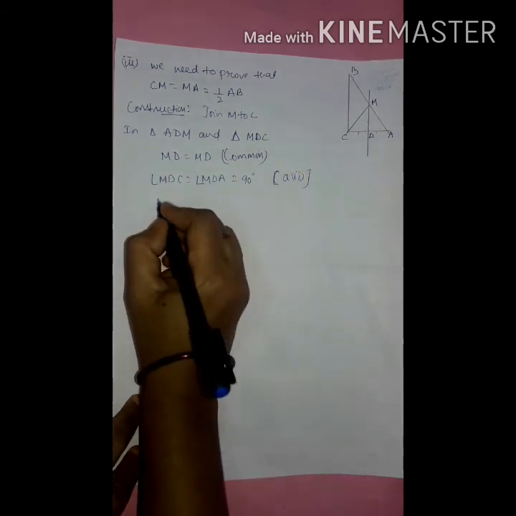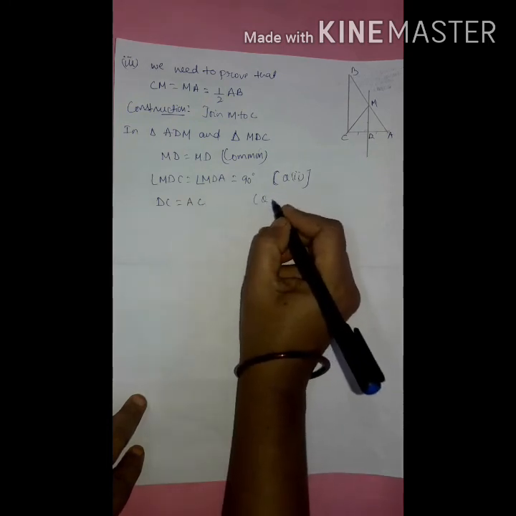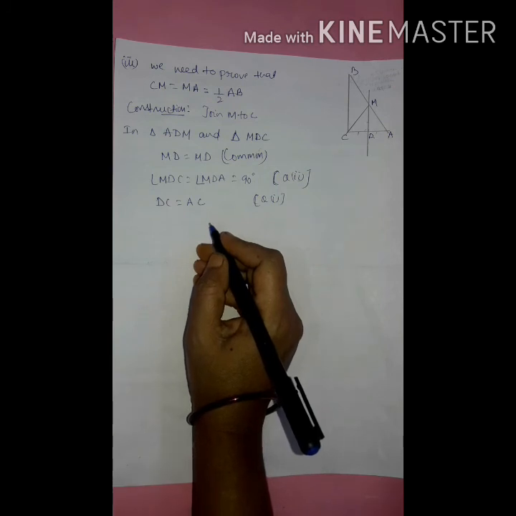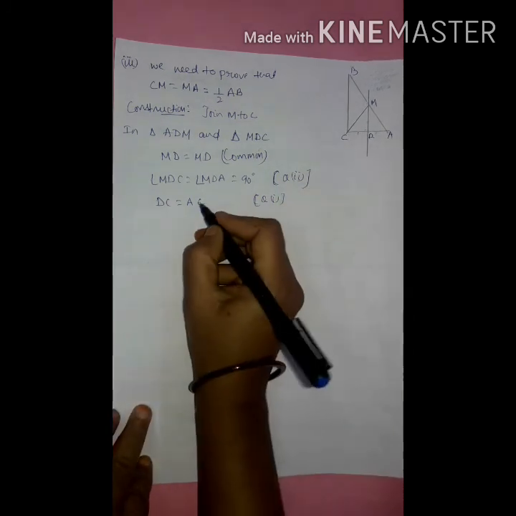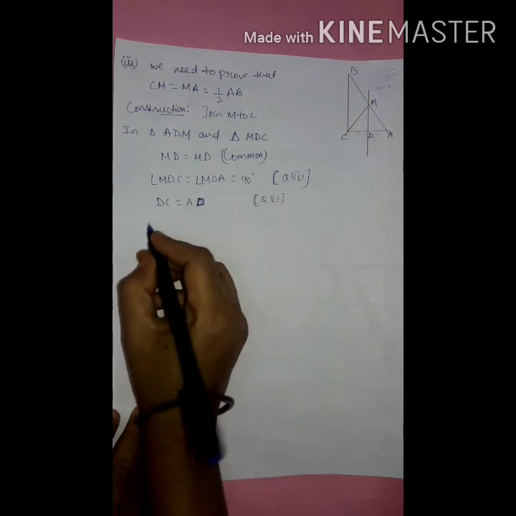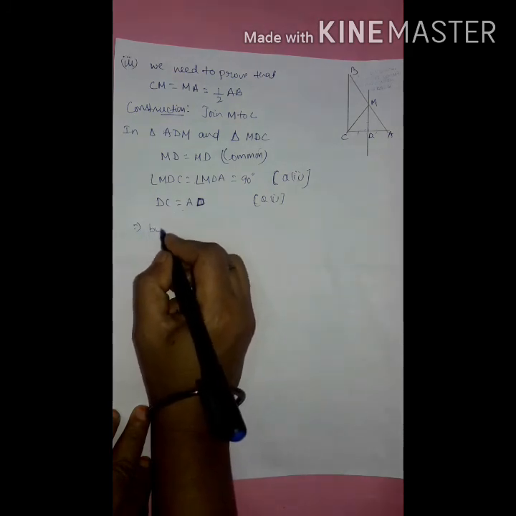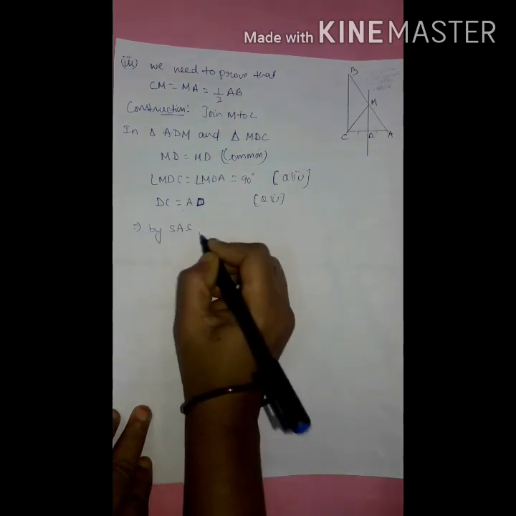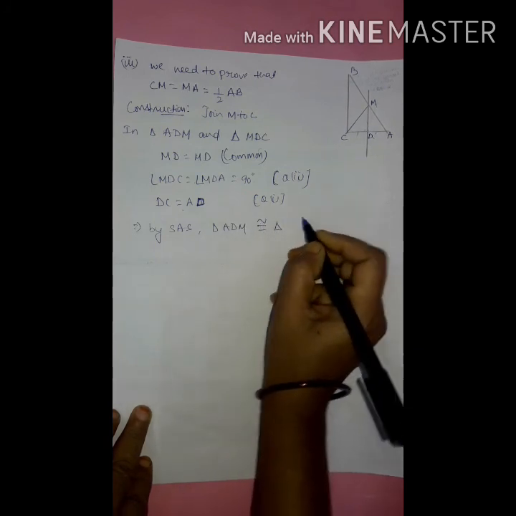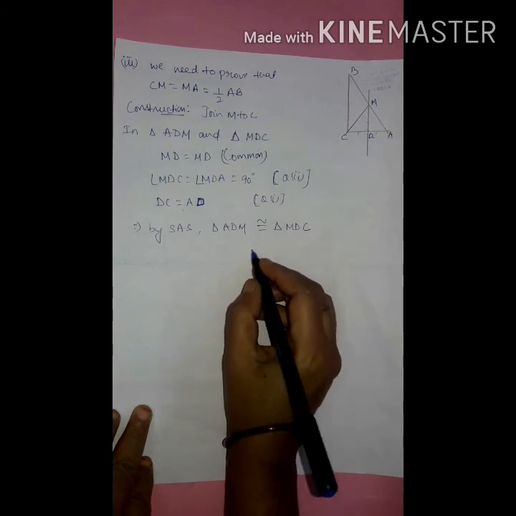And DC is equal to AD from question number 1. So this implies, by side angle side, triangle ADM is congruent to triangle MDC.